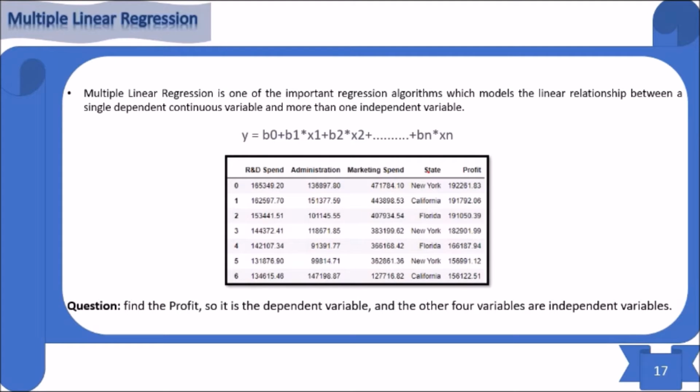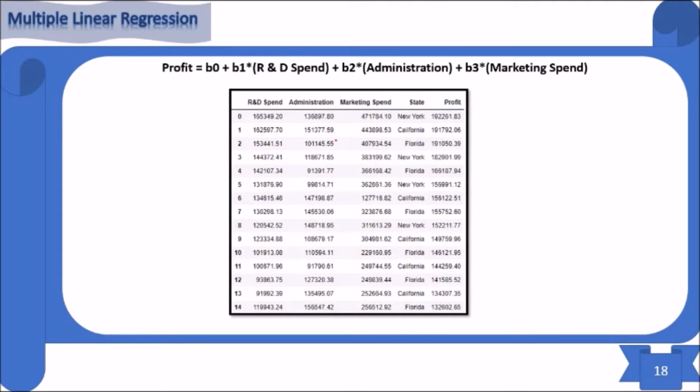From this data set, we need to build a model that would predict the profit earned by the startup based on various expenditures like R&D spend, administration spend, and marketing spend. Clearly we can understand that it is a multiple linear regression problem as it has more than one independent variable.